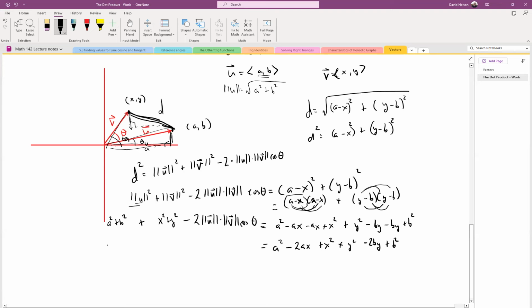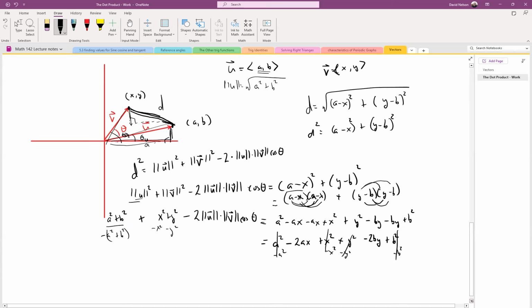Let's subtract the a squared plus b squared from both sides of the equation. If I subtract an a squared and subtract a b squared, they cancel off. Same thing happens if you subtract an x squared and a y squared, those cancel off.